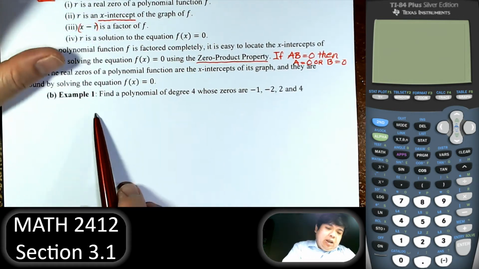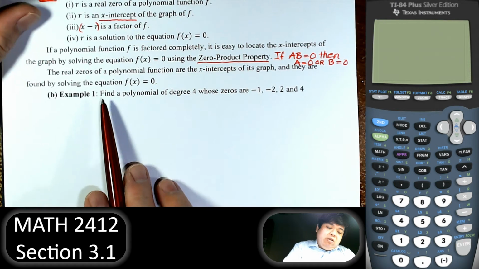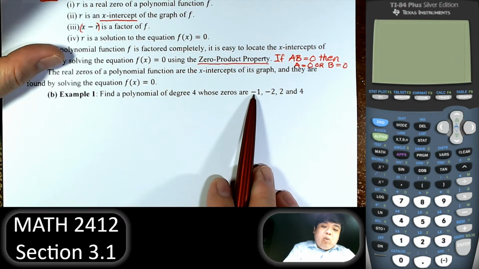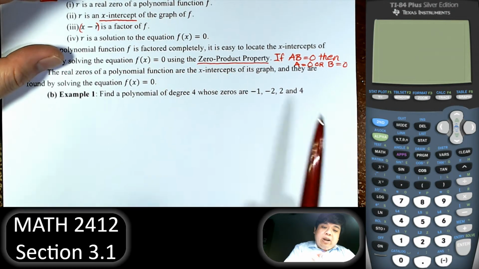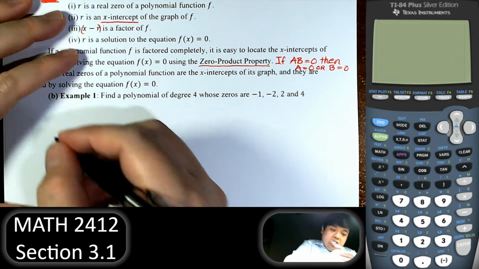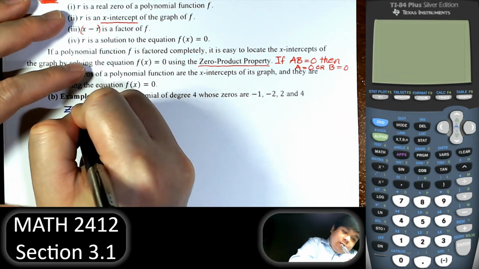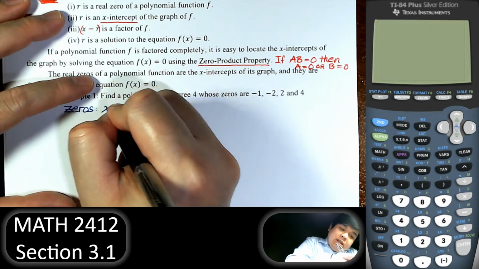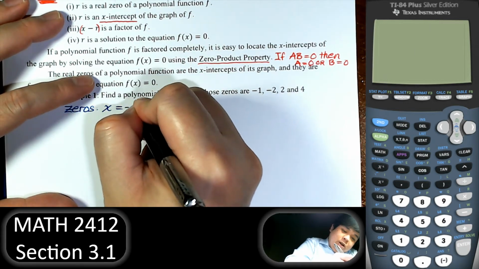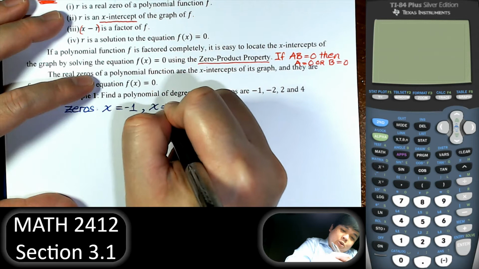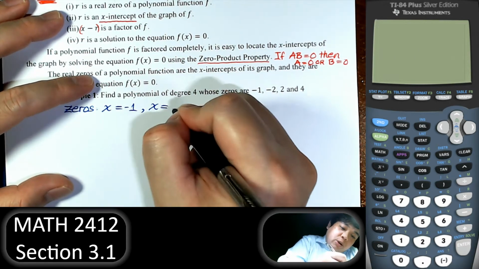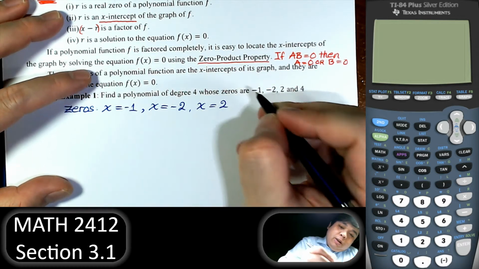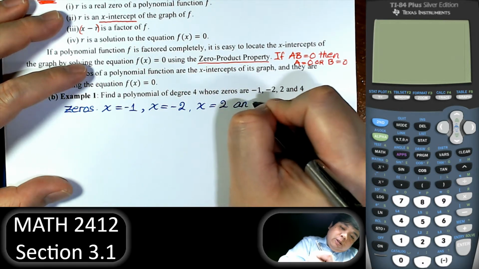Now, let's see how it works. Find a polynomial of degree 4 whose zeros are -1, -2, 2, and 4. So we know that those are the zeros. Let's write x equal to -1, x equal to -2, x equal to 2, and x equal to 4.